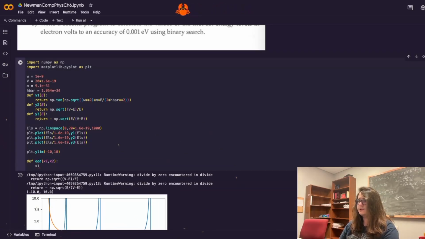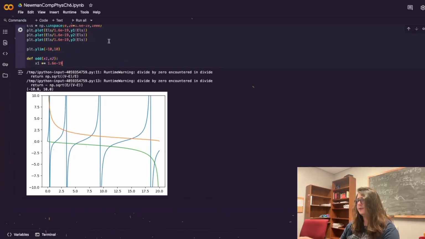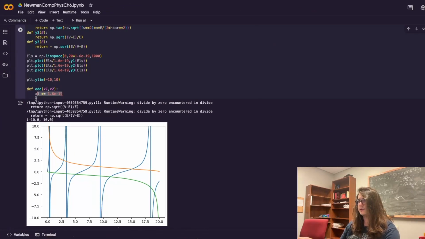I want to be able to guess initial values, like in between here, in terms of eV, so I'm actually going to multiply my guess by 1.6 e minus 19 to convert it into joules before it starts doing math.